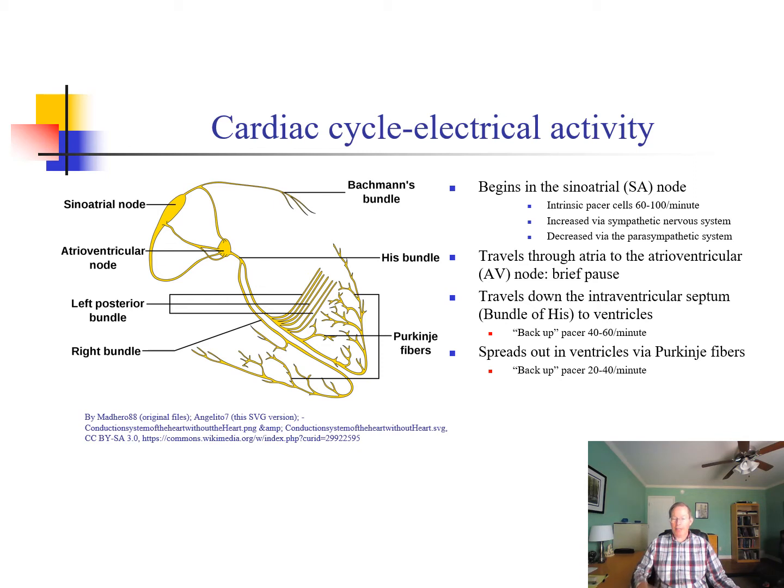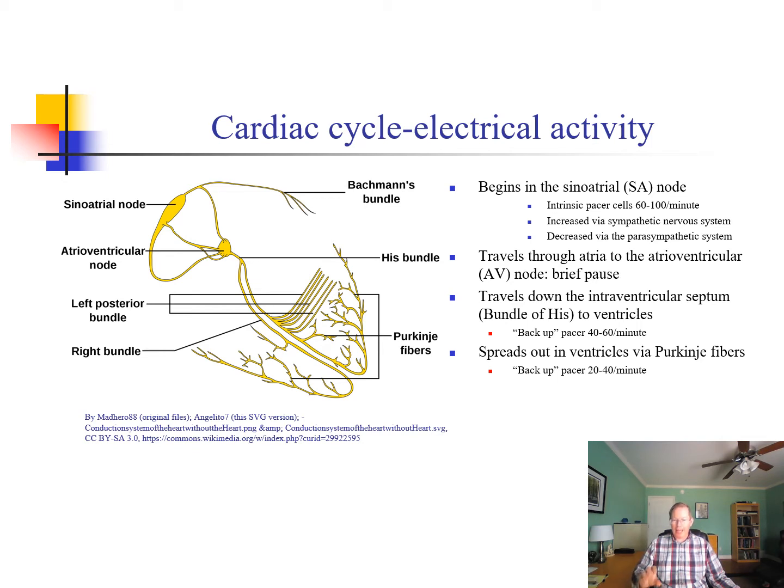Now, if I just had pacemaker cells in the SA node beating at 60 to 100 beats per minute, and I had a problem with those cells and they stopped working, or if I had blockage of the signal somewhere along the pathway, all of a sudden that's a fatal event. I would have cardiac arrest. My heart would stop. So we have a set of backup pacemakers in a couple different areas.